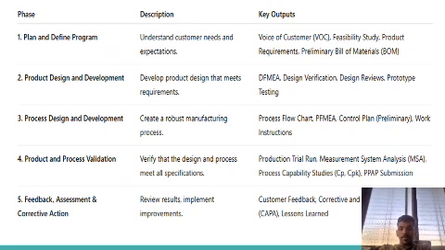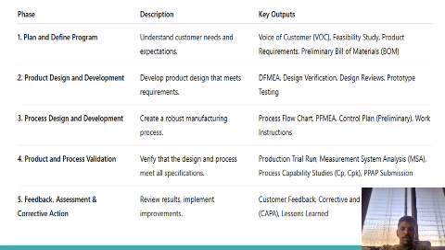Voice of customer, feasibility study, product requirement. After going to the customers face to face, we know the actual customer requirements: feasibility study, product requirements, preliminary bill of materials.